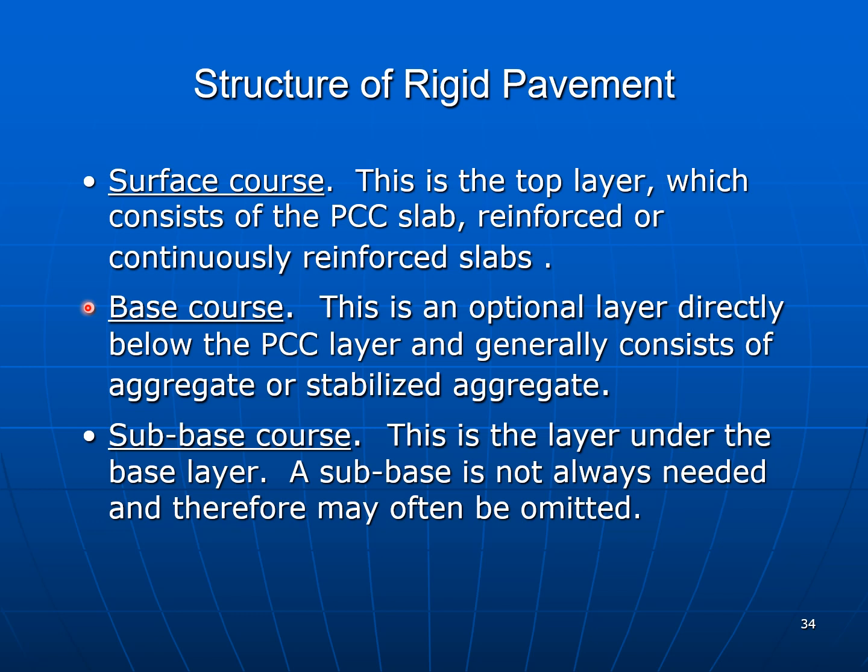This is an optional layer directly below the PCC layer and generally consists of aggregate or stabilized aggregate. Then comes the sub-base course. This is the layer under the base layer. A sub-base is not always needed and therefore may often be omitted.